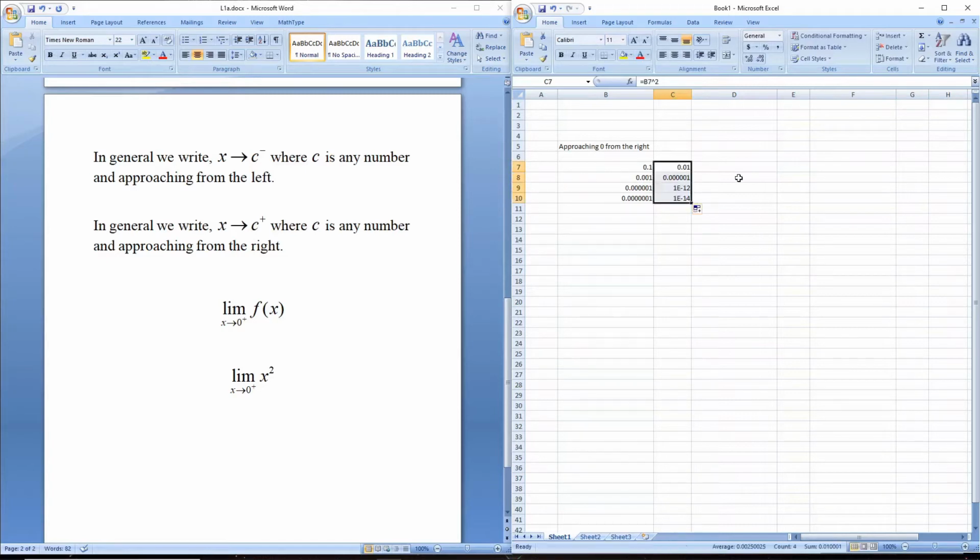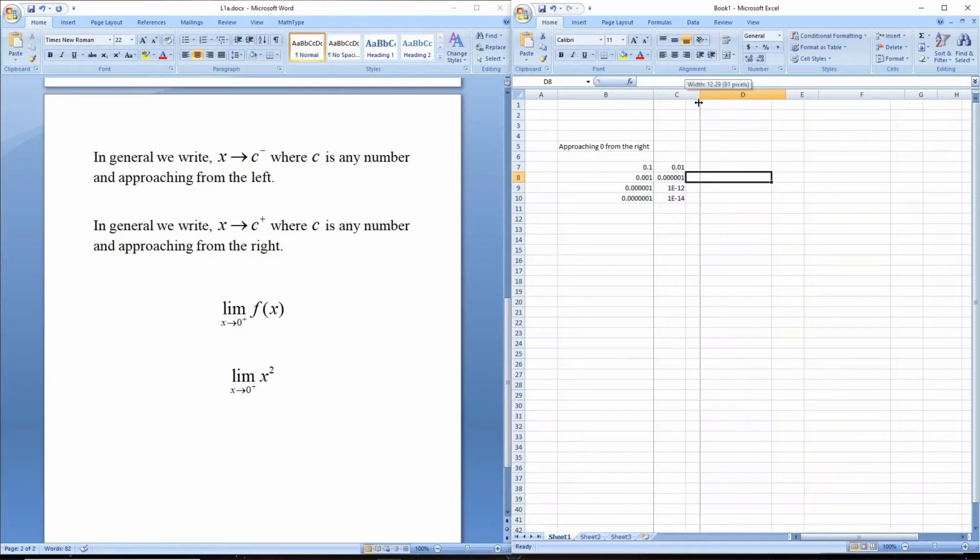And just using Excel here to get those answers. And here are the answers we're getting. And notice that 1e to the minus 12, minus 14, so these are getting to be very small numbers.